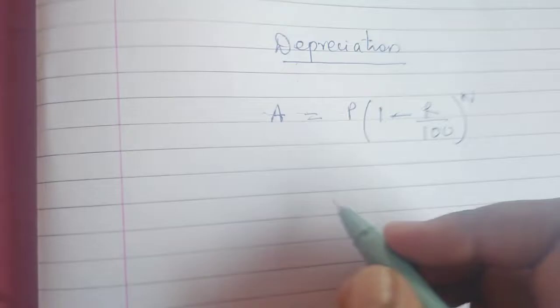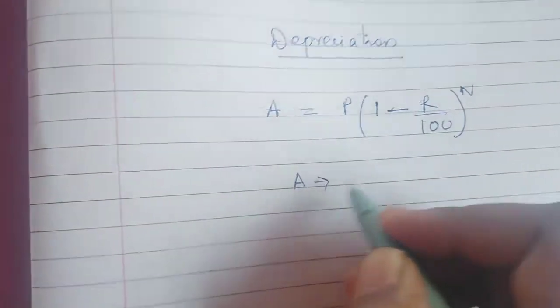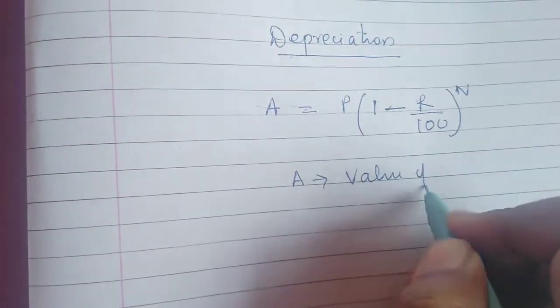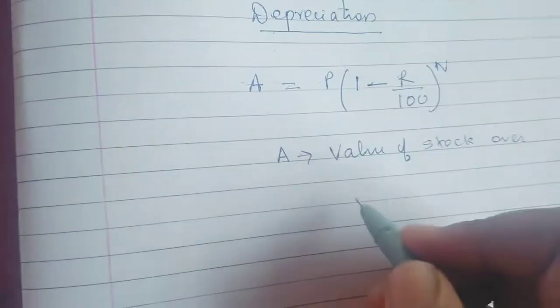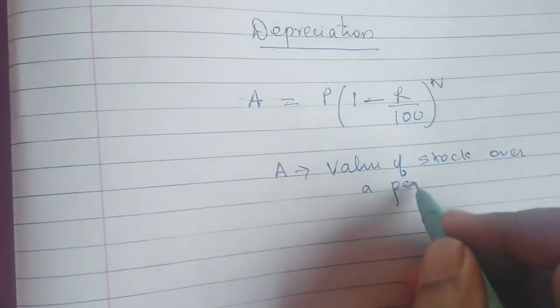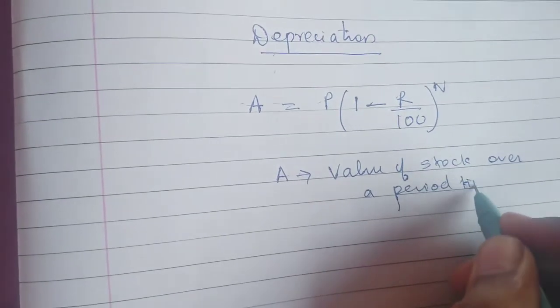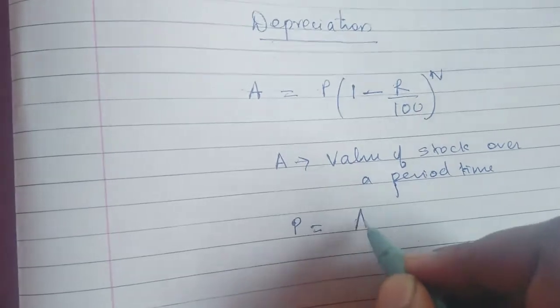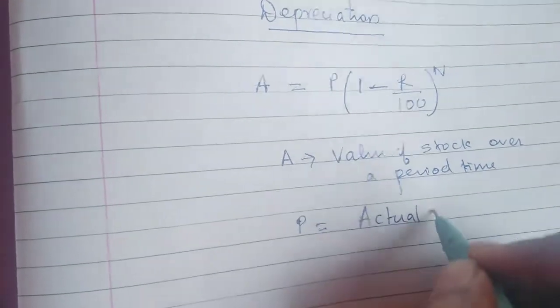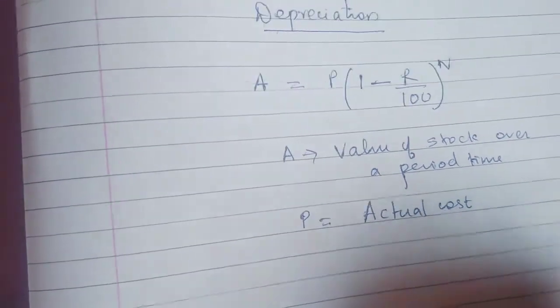Now here A will be the value of stock over a period of time. It can be any number of years. P will be the actual cost of the product which you have purchased.